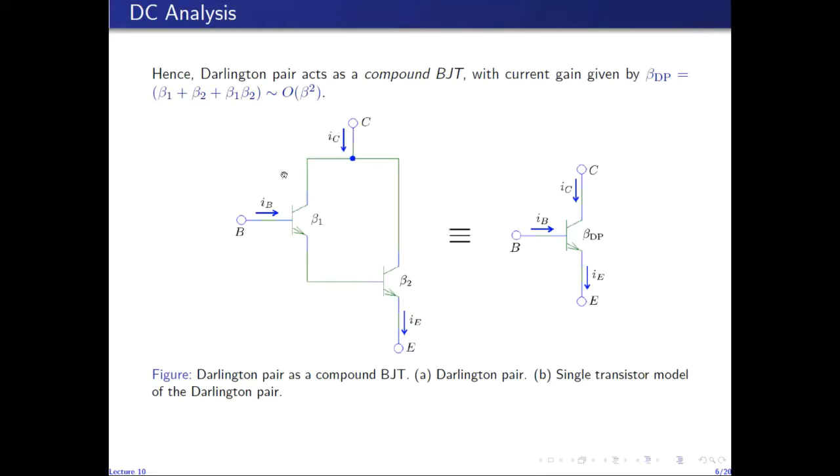So the current gain, like I said before, when we very crudely, qualitatively analyzed the circuit, is that this Darlington pair is a high current gain device whose current gain scales as beta squared. So if beta is of the order of 100, then the current gain of the Darlington pair is of the order of 10,000 or so.